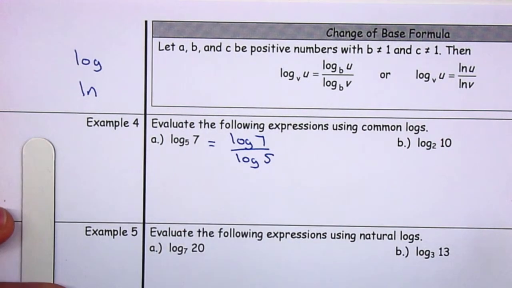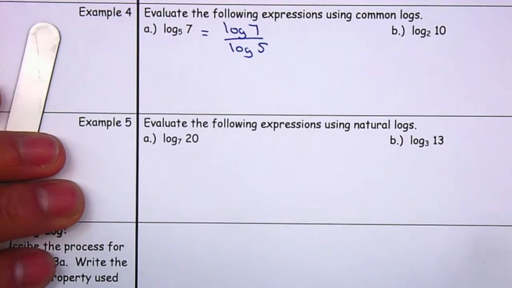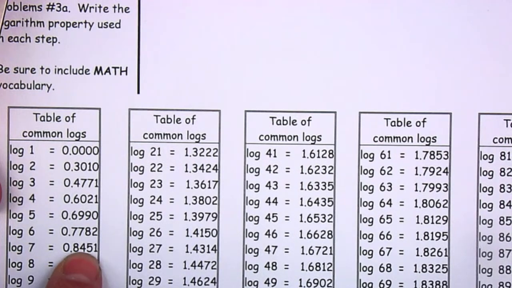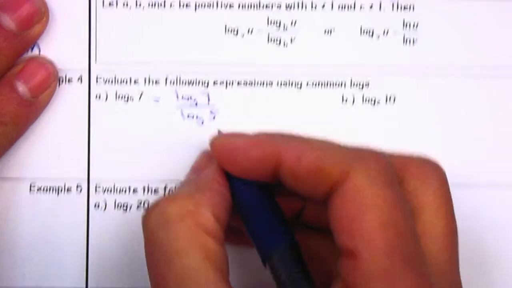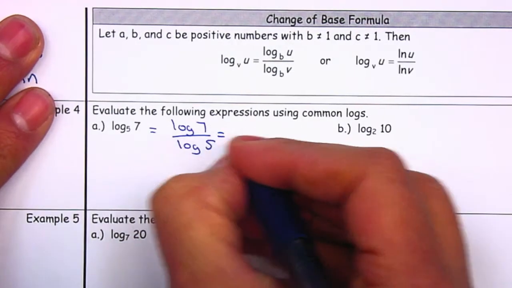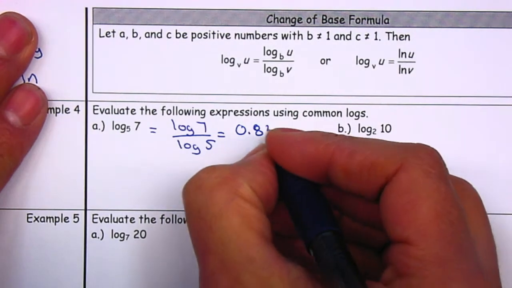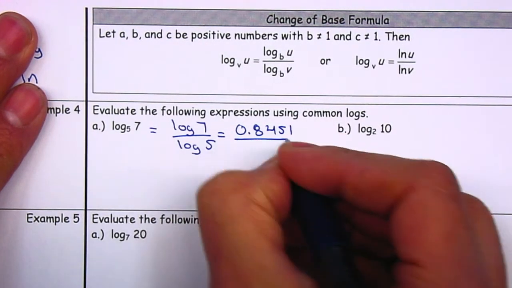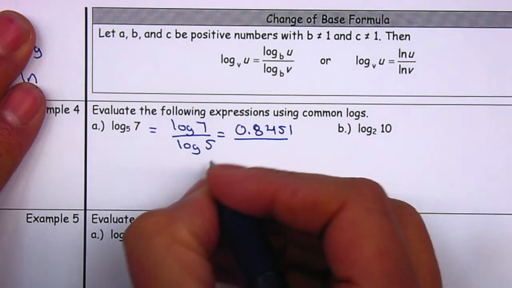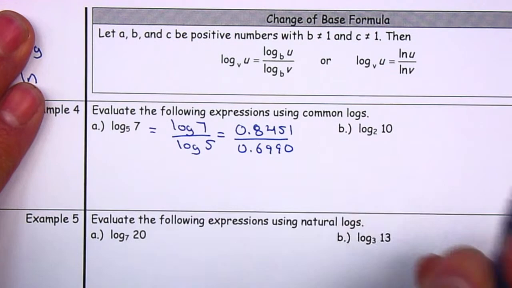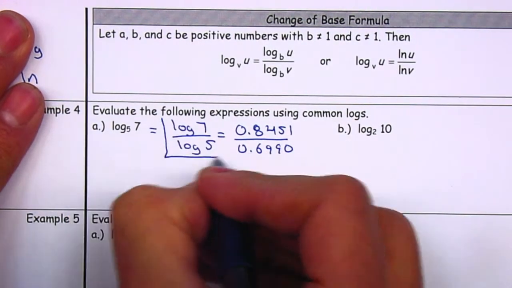Now, if you use the table below, we know that the log of 7 is about 0.8451, divided by the log of 5, which will be 0.6990.